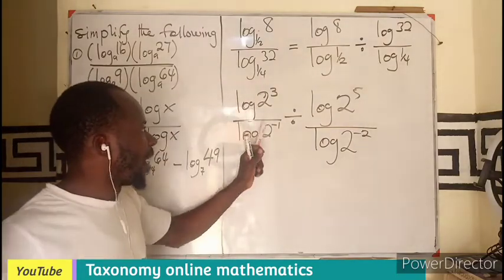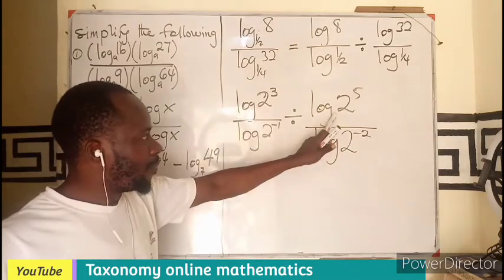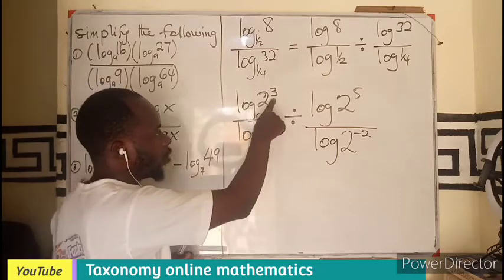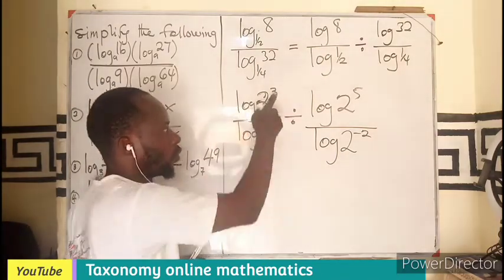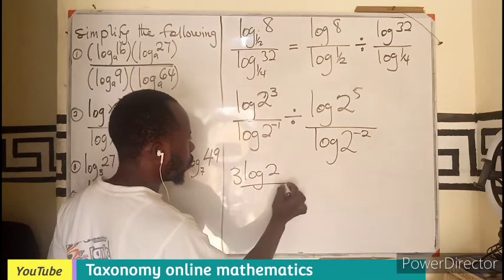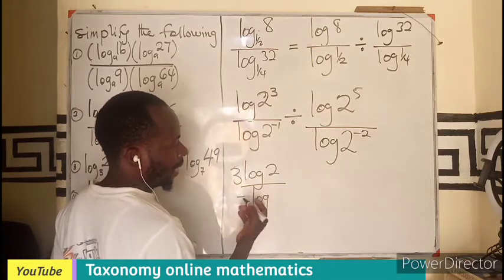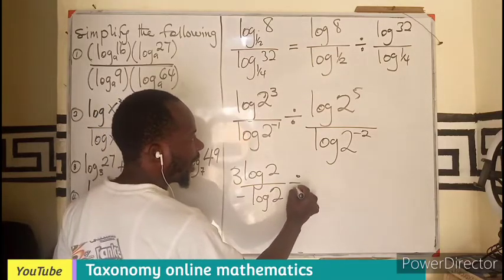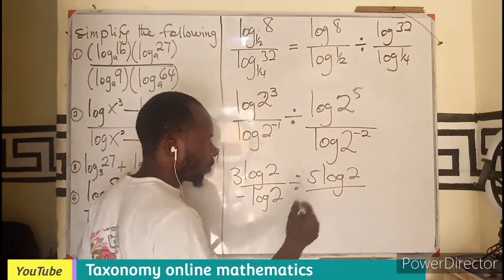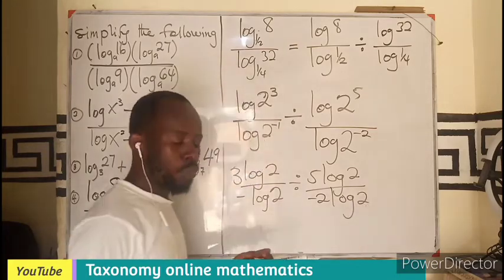Now I'm having the same base, so I can easily cancel because the base is 10, 10, 10, 10. But I need to employ the third rule, the power rule, to have 3 log 2 minus 1, which will be the same as minus log, divided by 5 log 2, then minus 2 log what? 2.